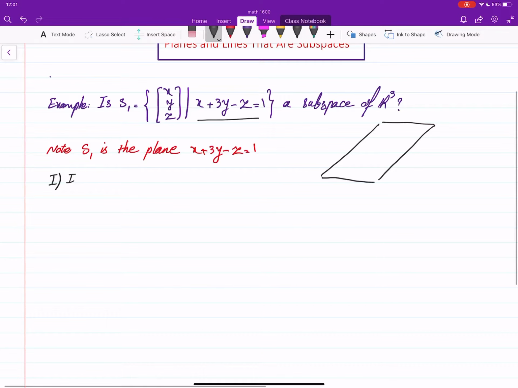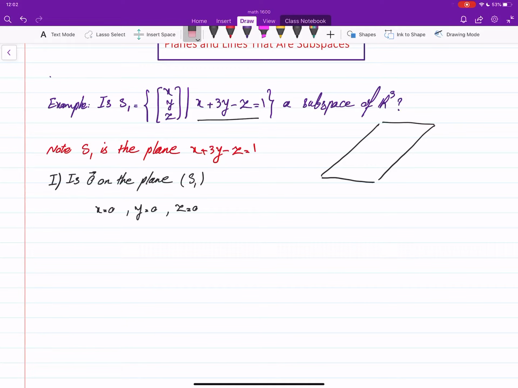First, is the zero vector on the plane, or in other words, in S1? What does this mean? This means that if I plug in x equal to 0, y equal to 0, and z equal to 0, then does the equation hold?